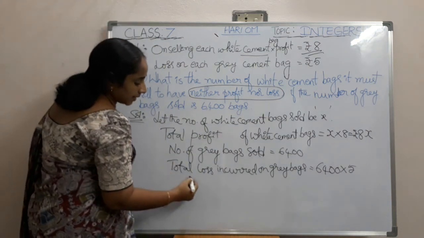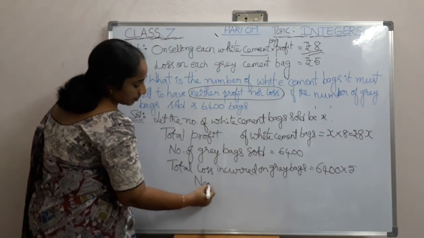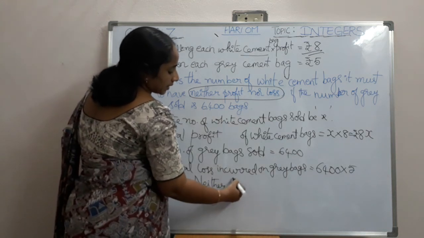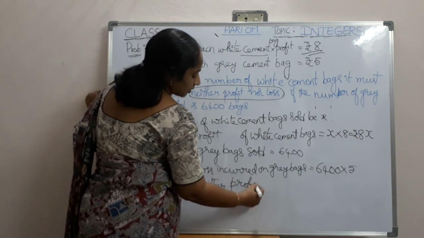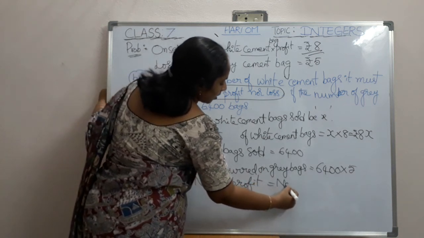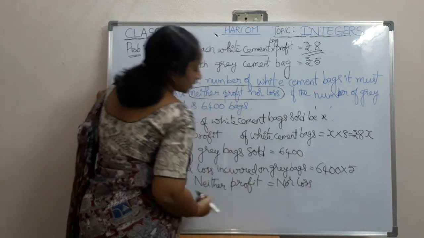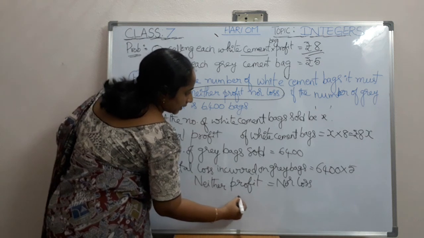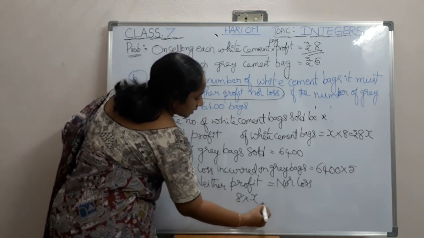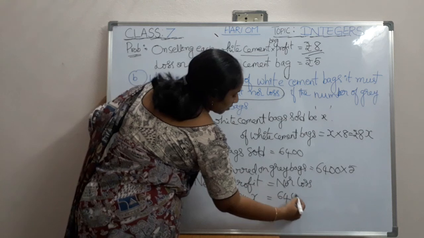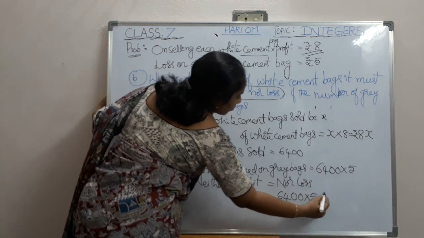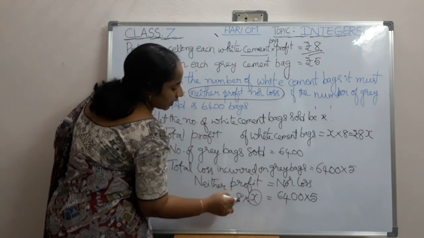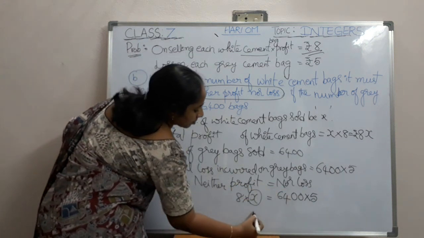So what is our condition here? To get neither profit nor loss means that they are equal. So 8x, that is 8 into x, is equal to 6400 into 5. To find out this x value, we have to divide this by 8.